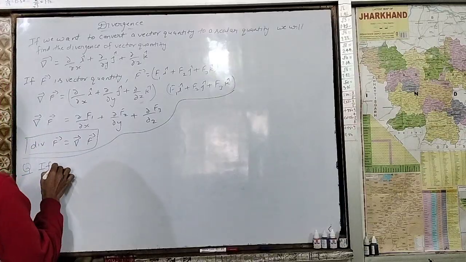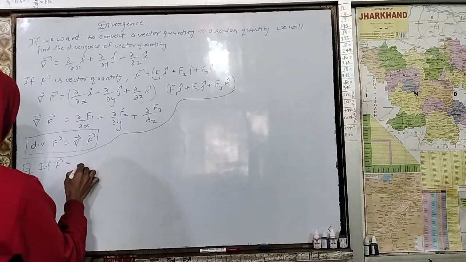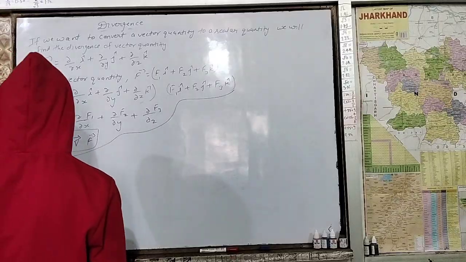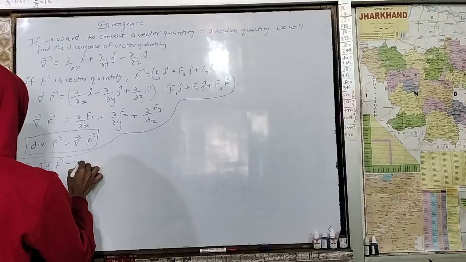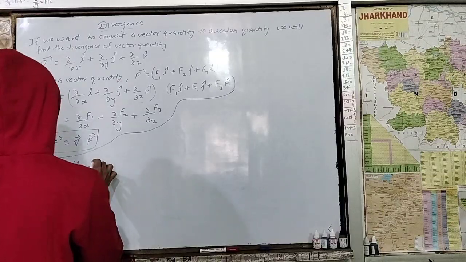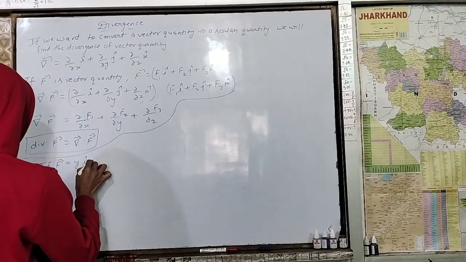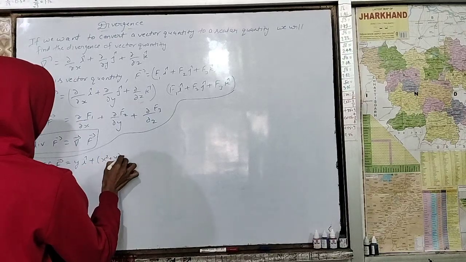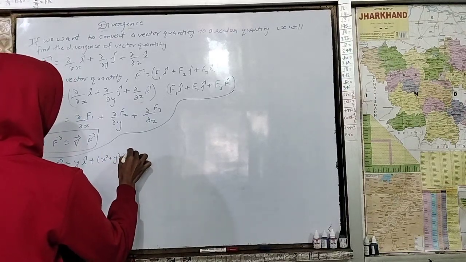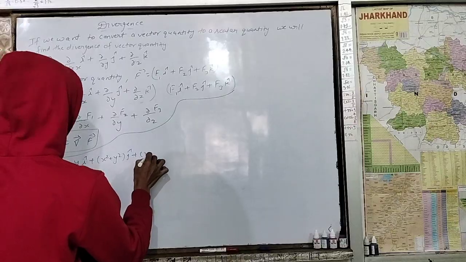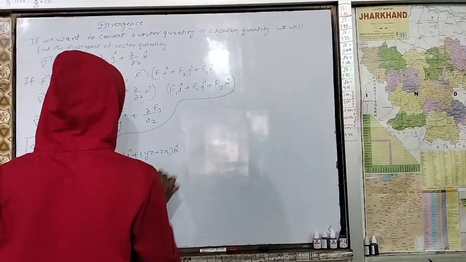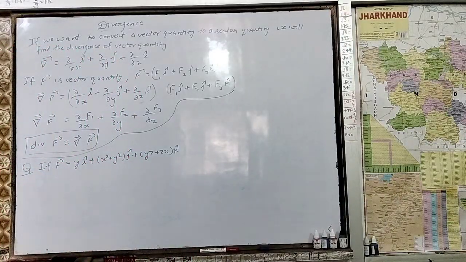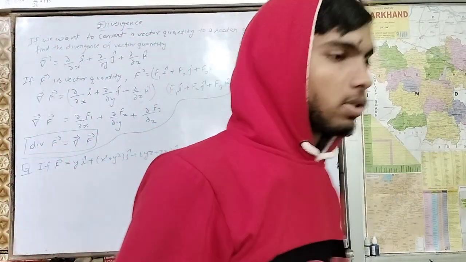If the vector f is equal to y i cap plus x square plus y square along j cap plus yz plus zx along k cap. These are the components of the value of the vector f.